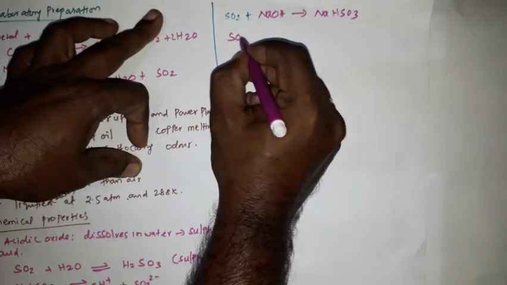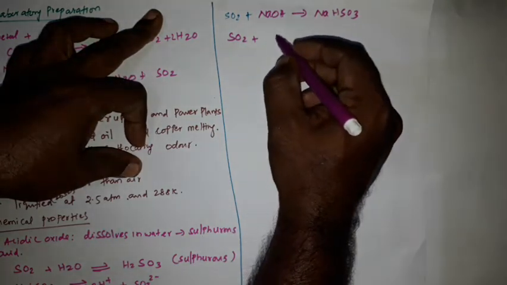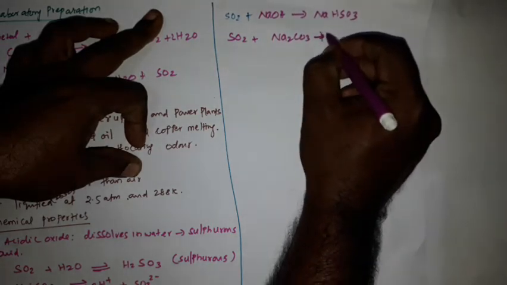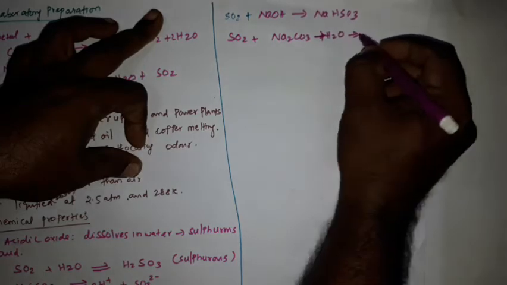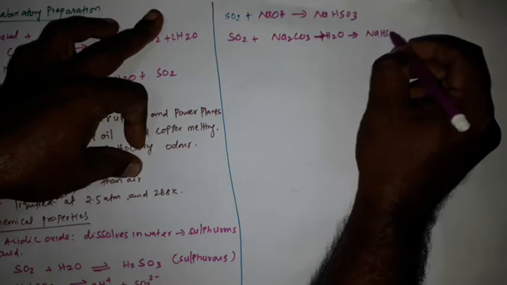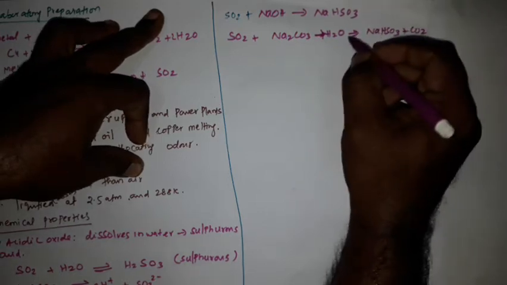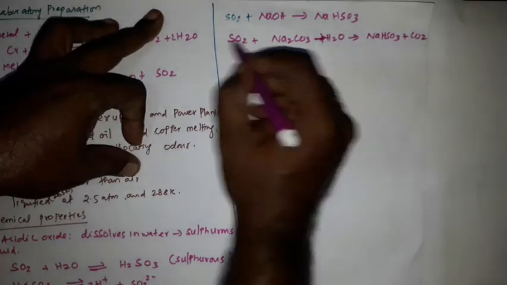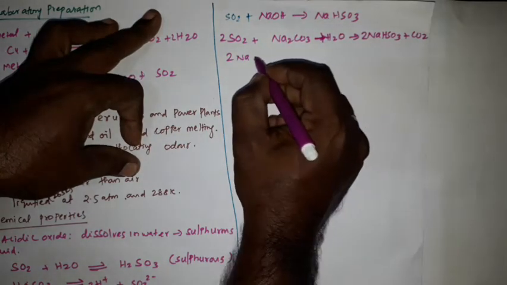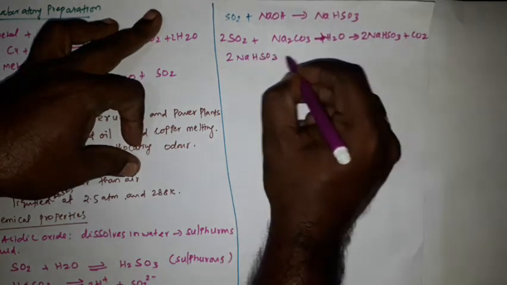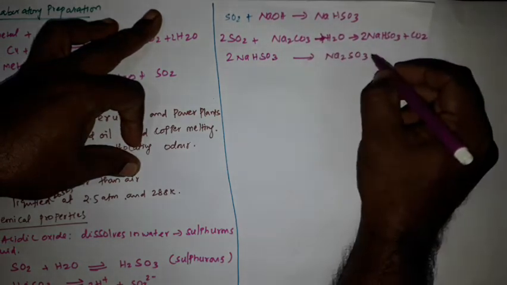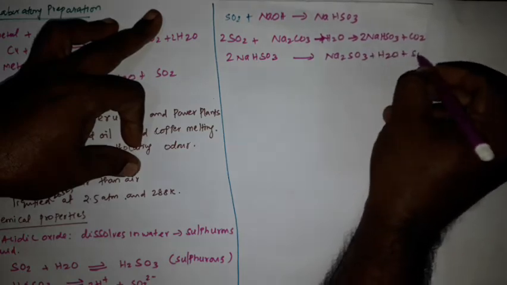Next, sulfur dioxide reacts with sodium carbonate Na2CO3, plus water, it is a solution, we will produce sodium bisulfite NaHSO3 plus CO2. Okay, balance the equation, put 2 here, here also 2, so 2 NaHCO3 SO3, when it decomposed into sodium sulfite Na2SO3 plus H2O plus SO2.